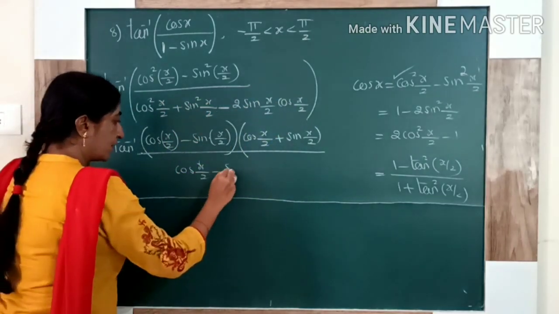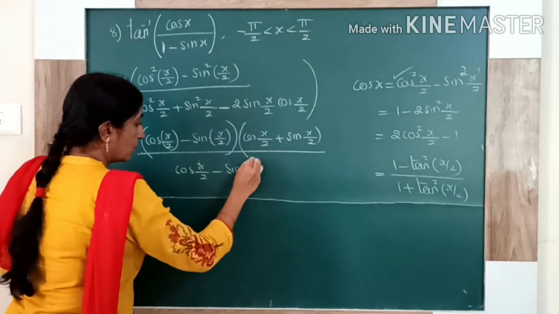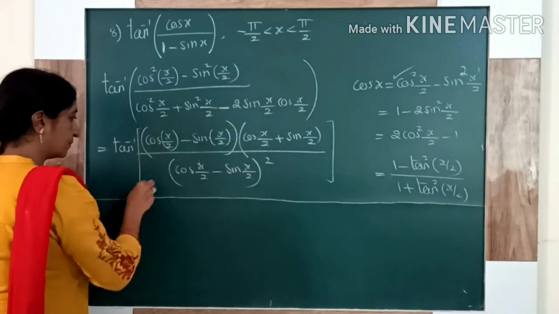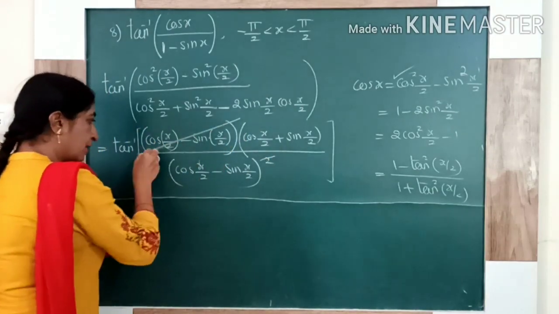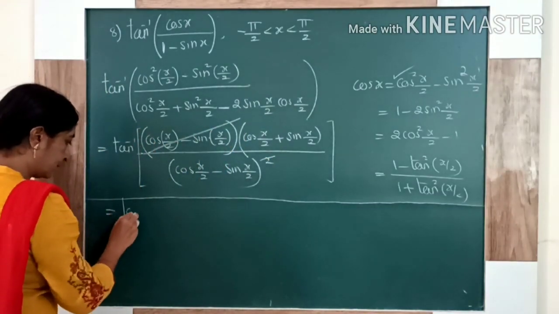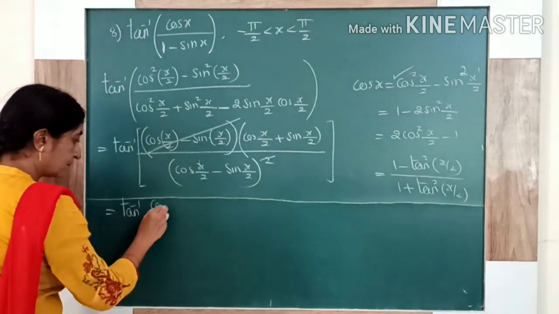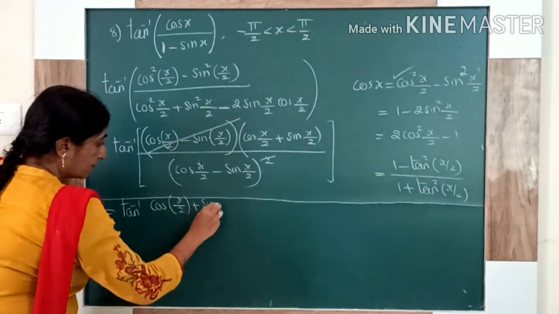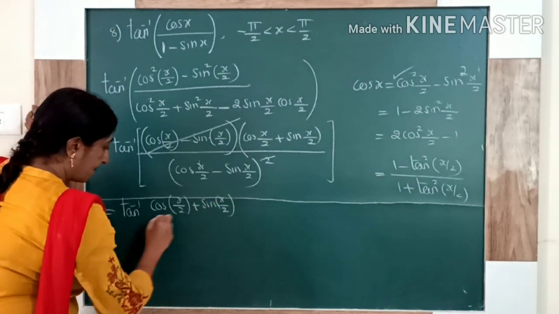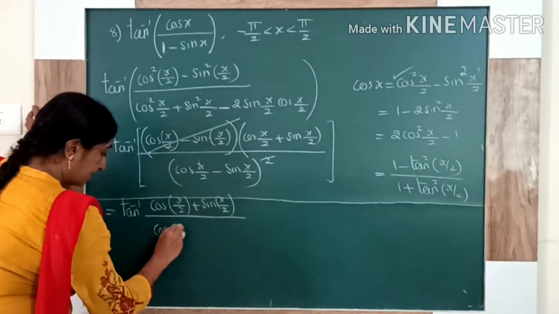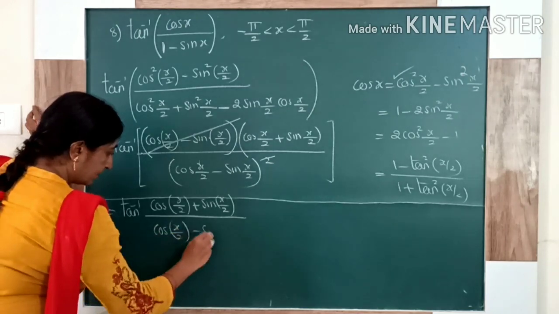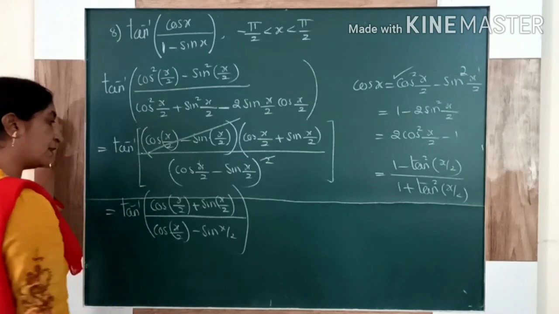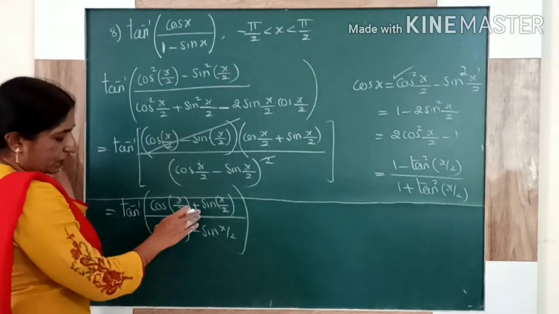A minus b whole square. One term is cancelled with this. And in one of the previous examples we solved a similar sum.